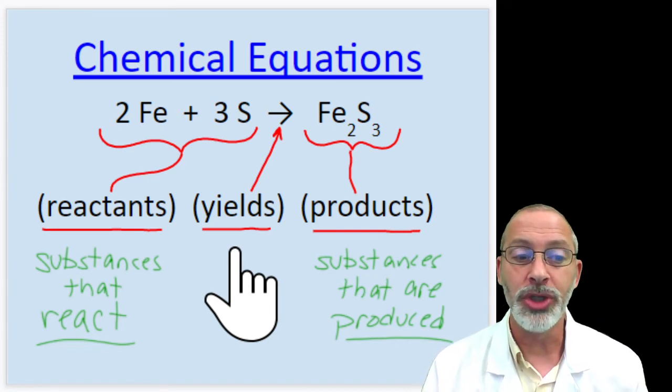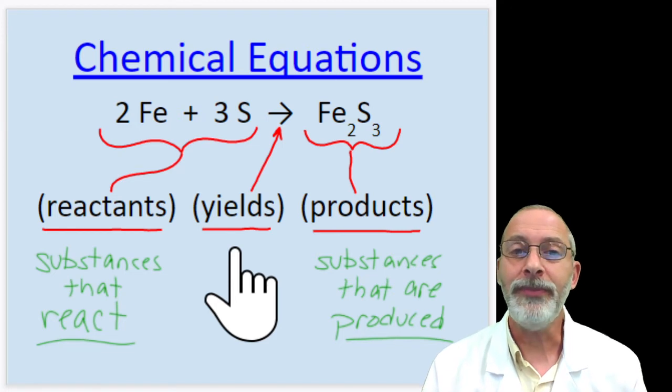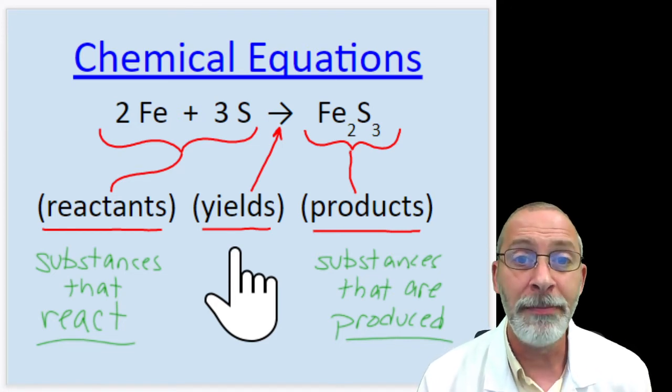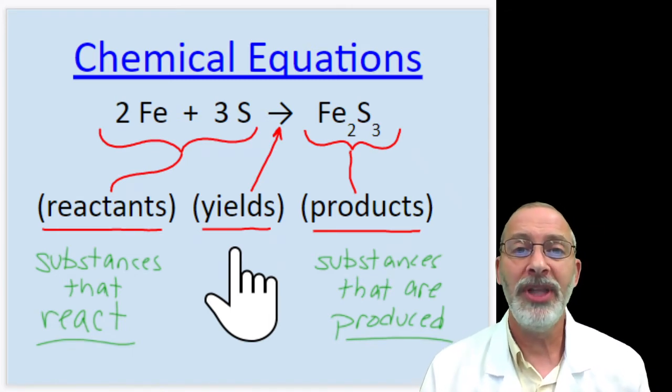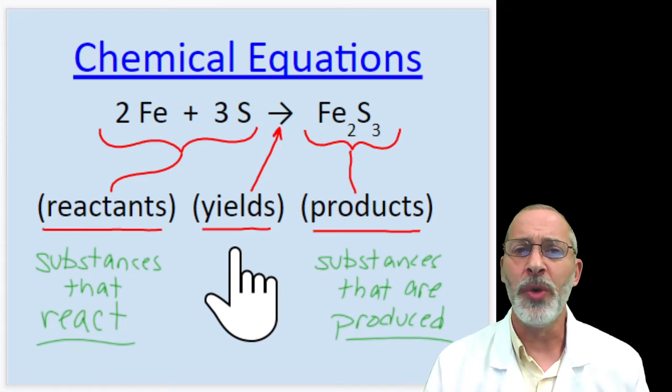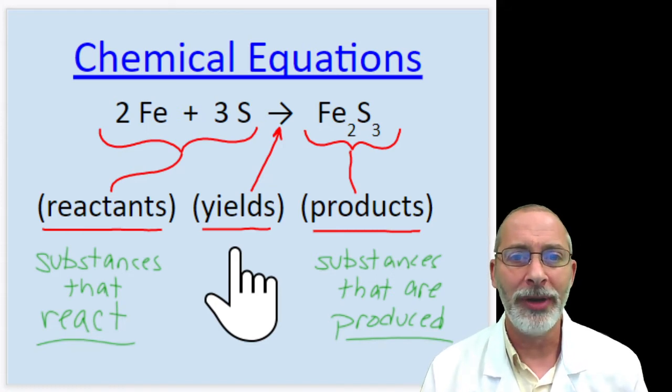So let me quiz you a little bit here. Here's a new chemical equation, and we have a couple new symbols. Capital F, lowercase e. Yell it out if you know what that is the symbol for.